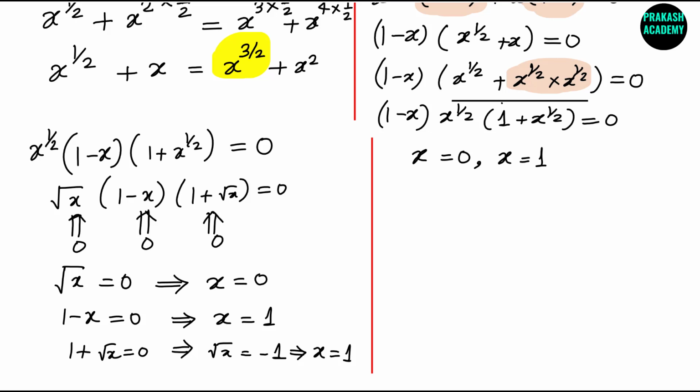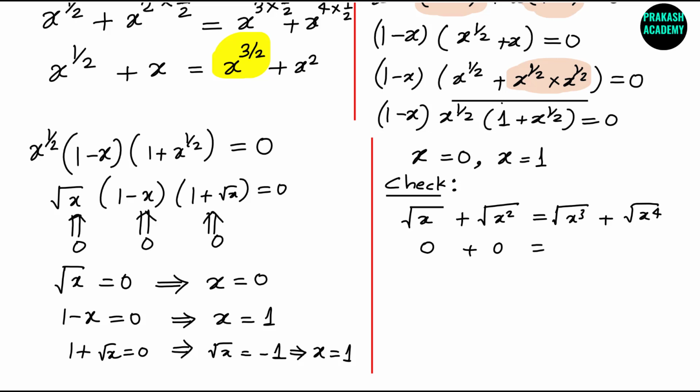It is always a good idea to verify whether these satisfy the original equation or not. So you have the original equation, square root of x plus square root of x square equals square root of x cube plus square root of x4. So 0 will obviously satisfy. This is 0 plus 0 is equal to 0 plus 0, so 0 is a root because this satisfies.